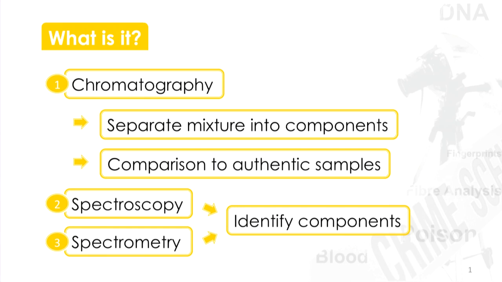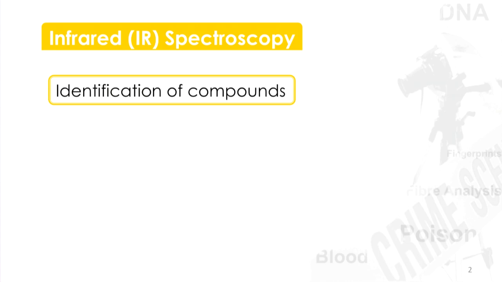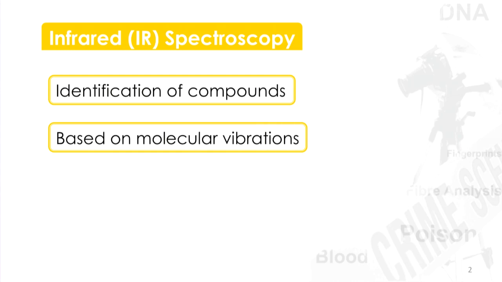The kind of spectroscopy that is most useful for the identification of compounds for forensic purposes is infrared spectroscopy. Now, infrared spectroscopy is based on molecular vibrations. When we look at diagrams of molecules in textbooks, we always think of them as rigid objects, but they're not. Molecules are flexible.